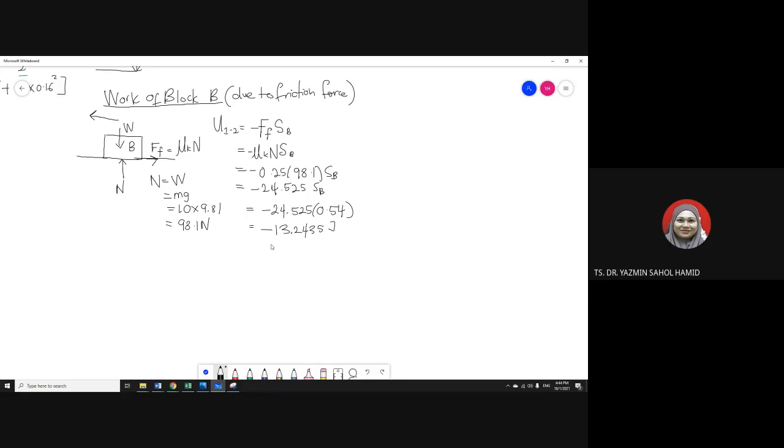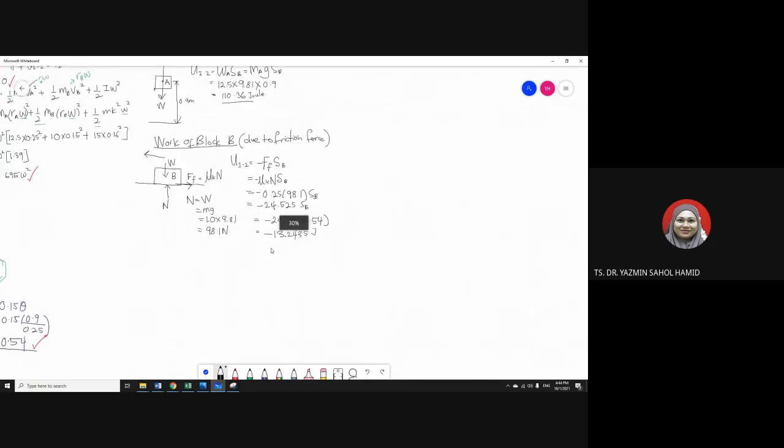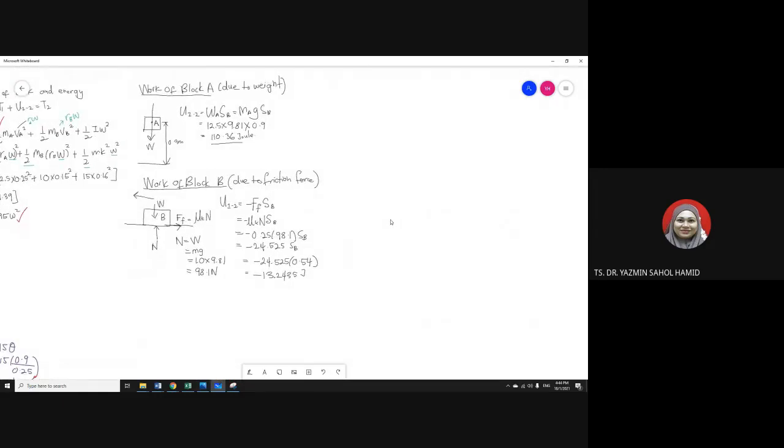So I think what we have done here, we have the work of block A and the work of block B. So now we can find the total work. What is the total work done?